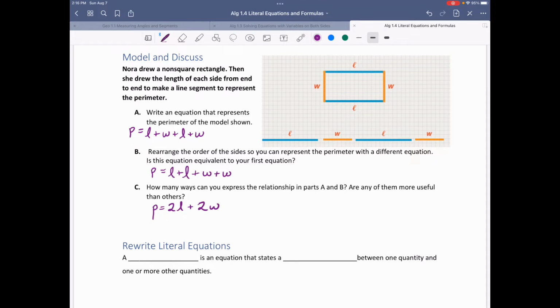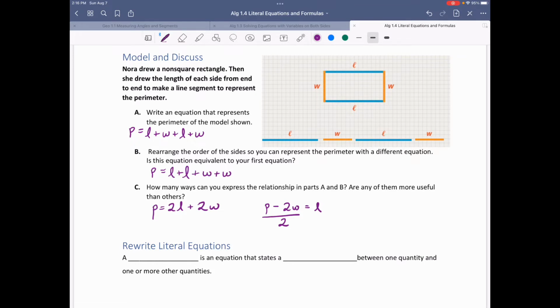If we were trying to figure out what the length was, and we were given the perimeter, we could do the perimeter minus the two widths to get two lengths, but we just want one length, so we have to divide the other side of the equation by 2. So if we were trying to find length, that's what we would do.